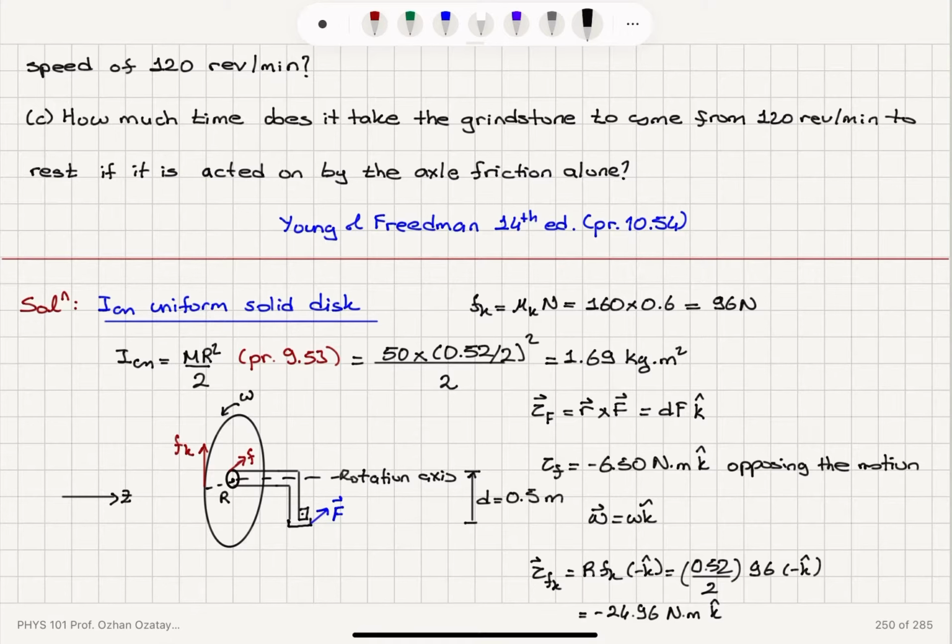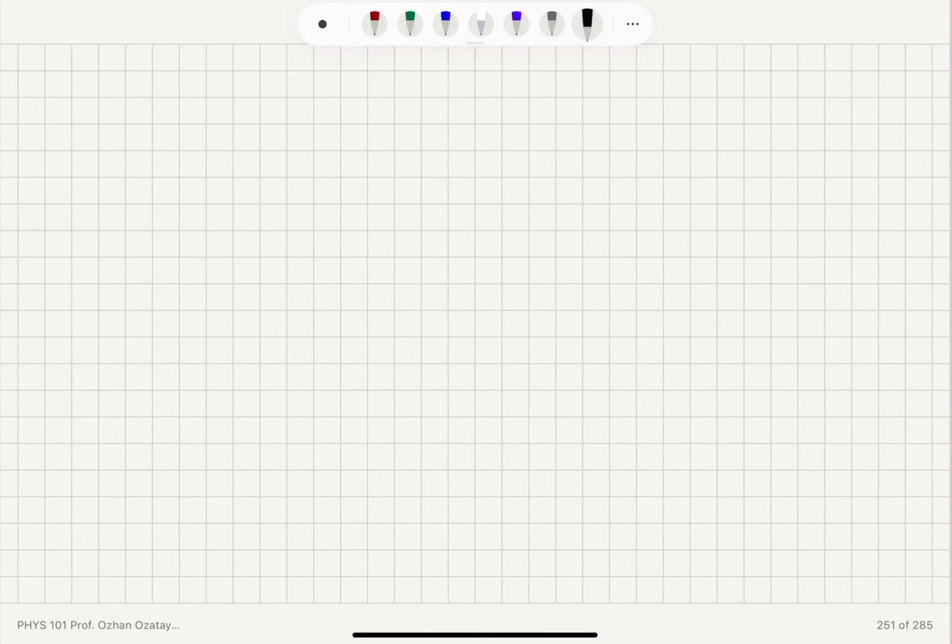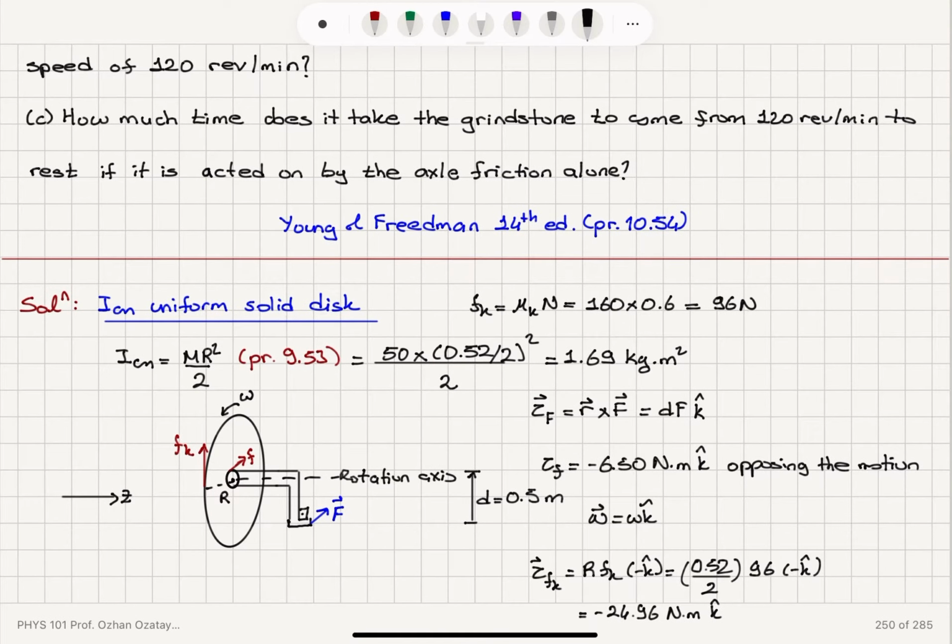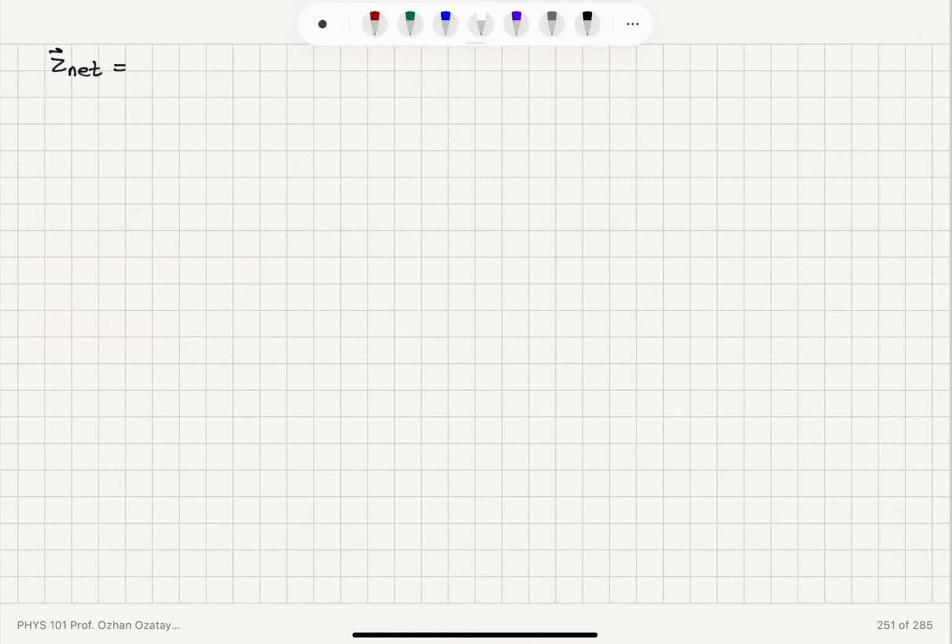So my job is now to calculate the net torque acting on it. The net torque, tau net, will be equal to, the first one is 0.5 F k hat, the second one is 6.5 in minus k hat, and the third one is 24.96 in minus k hat.